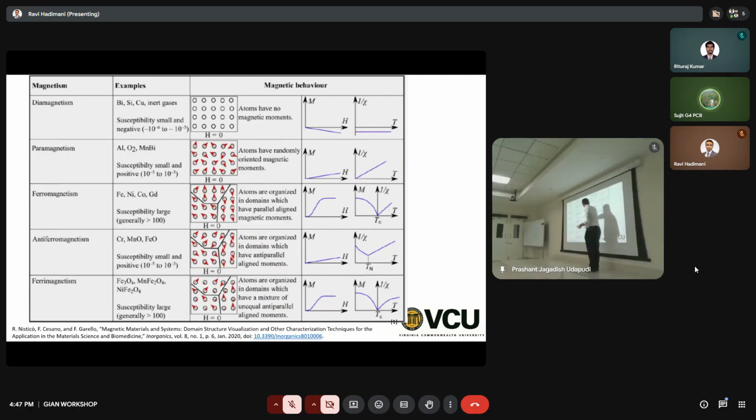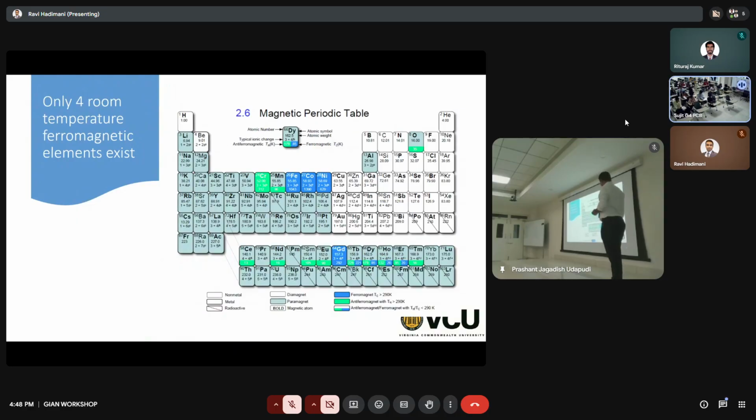Always consider the ferromagnet, right? Because it has the highest permeability, highest saturation magnetization, and you need to apply only a small field to make them highly magnetic.